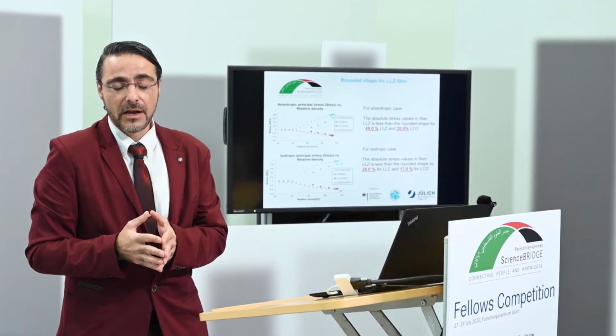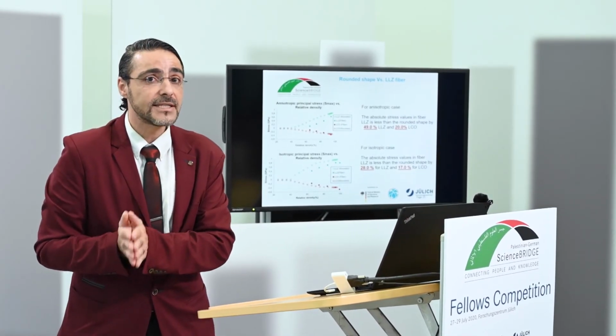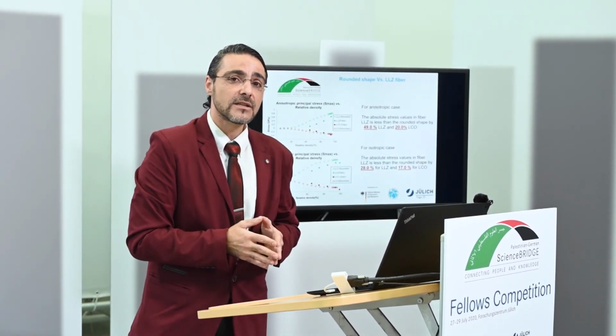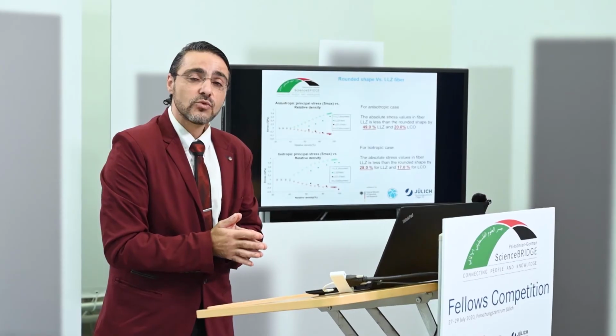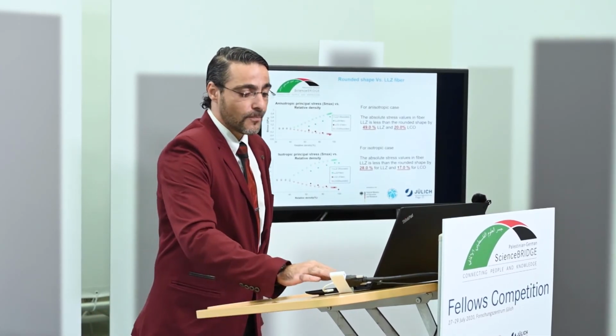But when we compare the fiber shape with the rounded shape microstructures, we saw that in the isotropic case, we have 28% less stress in LLZ with fibers, and around 17% less in LCO stress. So the fiber LLZ is lower than the rounded shape in the isotropic case, and for the anisotropic case, it was 49% for LLZ, while it was just 20% for LCO.